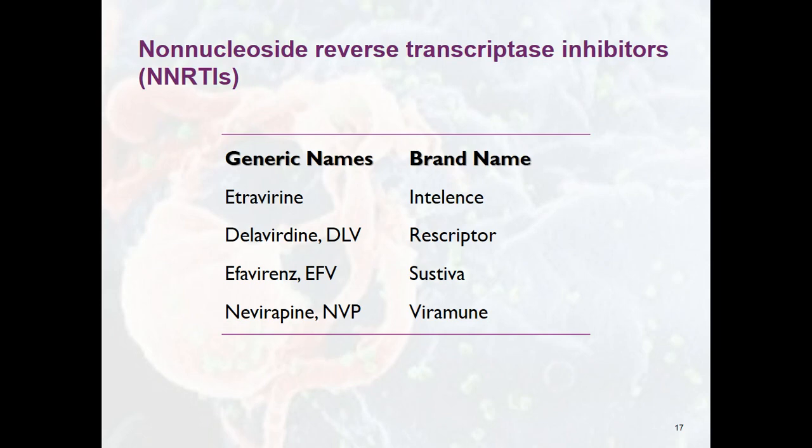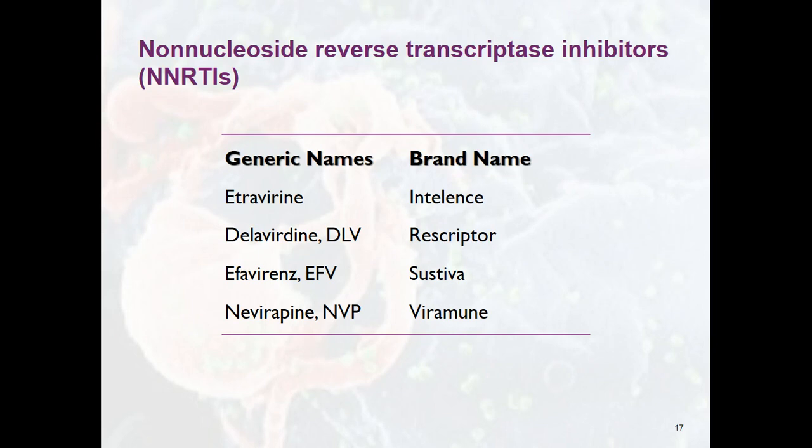Now, for the NNRTIs, they block the reverse transcriptase enzyme, preventing uninfected cells from becoming infected. So, the recently approved etravirine, Intelence, was developed specifically to be an option for patients that have developed resistance to the earlier drugs in the class.